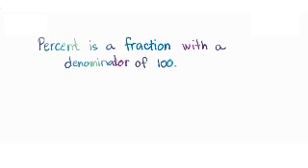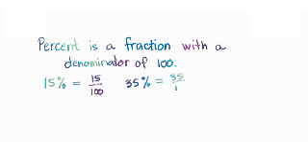Say for example, 15% is equal to 15 over 100. Say 35% is the same as 35 over 100. And if we say 91%, that is the same as 91 over 100.